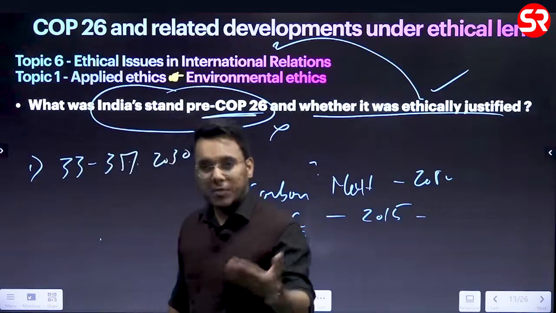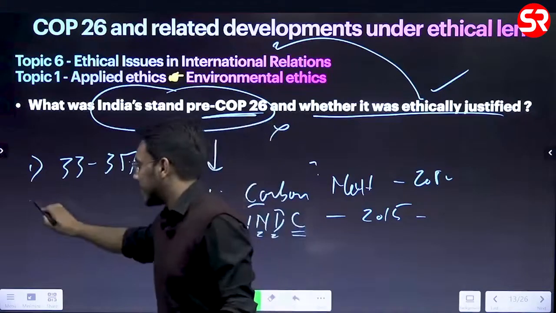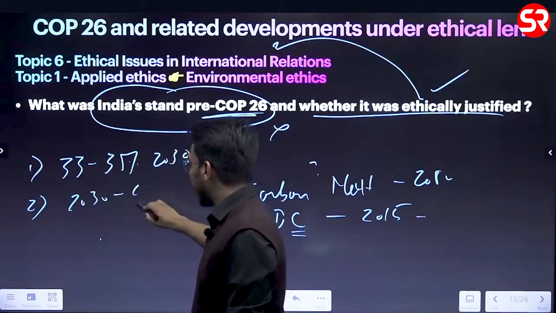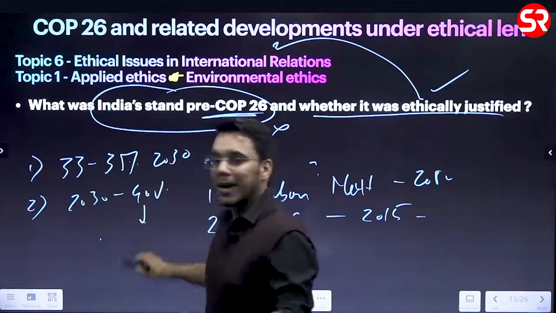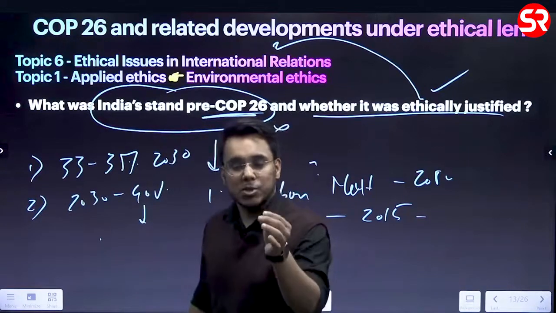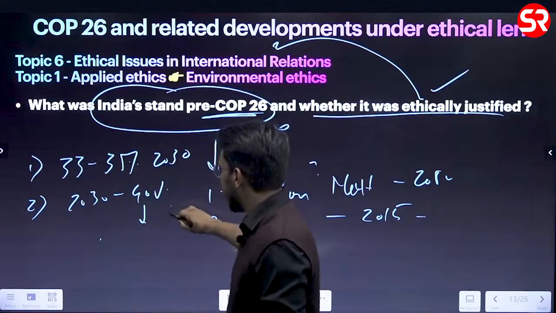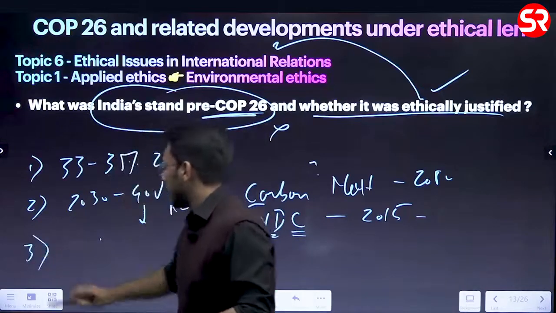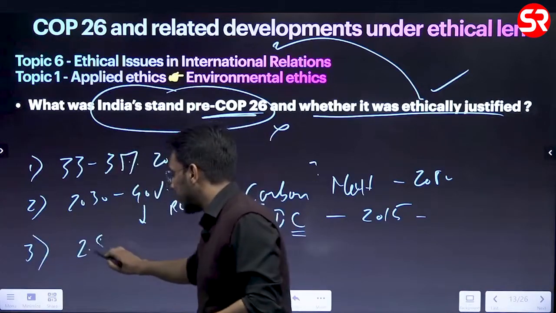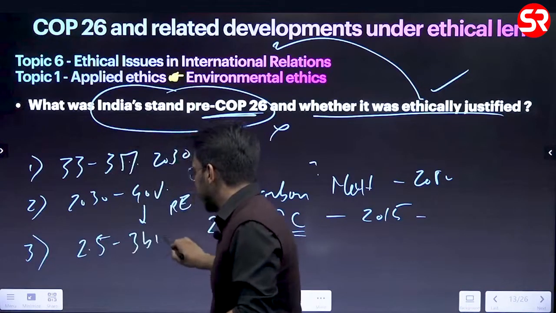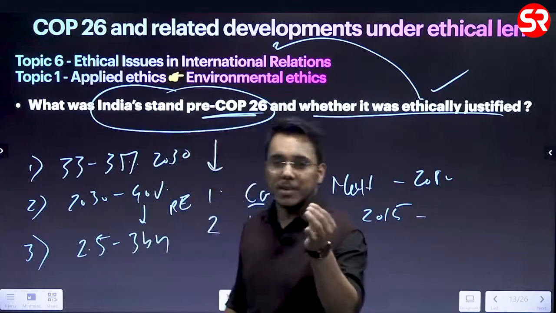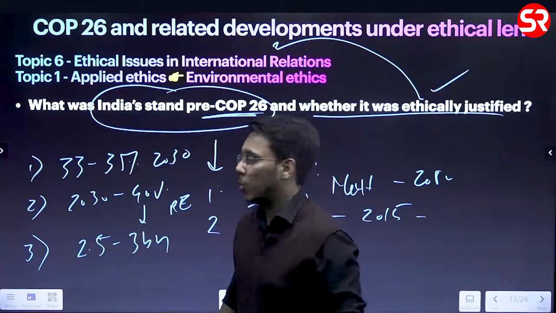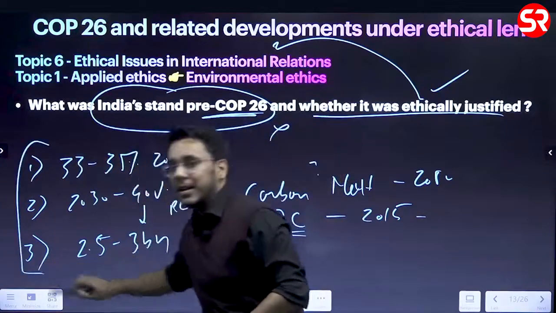Secondly, by 2030, 40% of India's installed electricity generation will come from renewable sources. And thirdly, India will develop 2.5 to 3 billion tons of additional carbon sink by planting more trees or by other carbon sequestration technologies. So these were the targets that we have taken.